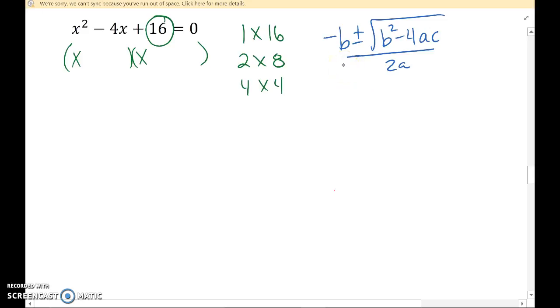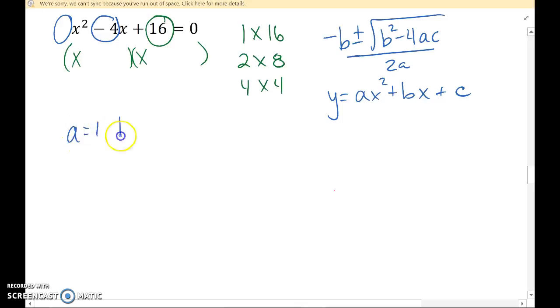And so to identify our a, b, and c, we look at the coefficients in front of our terms. And so the standard form equation for a quadratic is ax squared plus bx plus c. So the a will be located in front of the x squared, and so our a equals 1, our b equals negative 4, and our c equals 16.